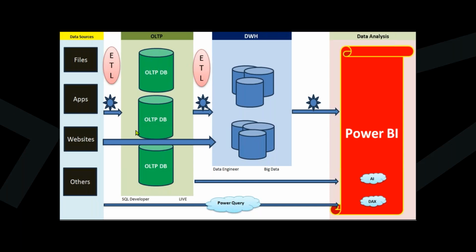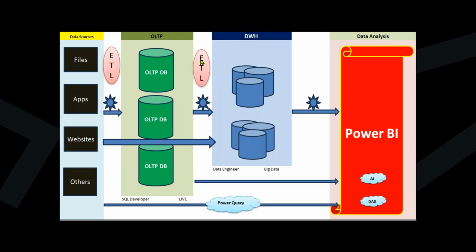In few other cases, get it straight, bypassing OLTP, get it directly to warehouse. We need to learn when to use which kind of ETL process: extract, transform, load.